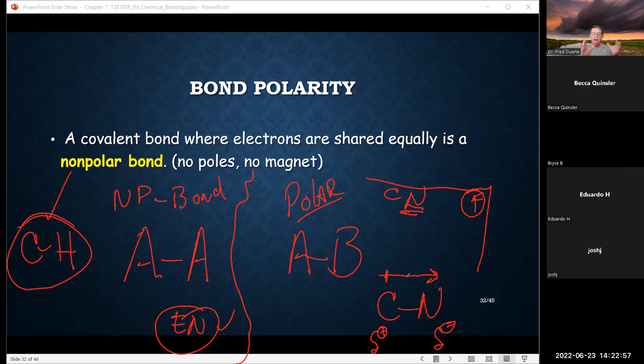Not like ionic compounds. Here's where we've got to get the difference. Ionic compounds have a full positive and a full negative. The electrons are stripped away from one atom and given to the other atom completely. And then when they come together, like sodium chloride, they attract each other like two magnets because of full positive and full negative. In covalent compounds, it's not stripped completely.